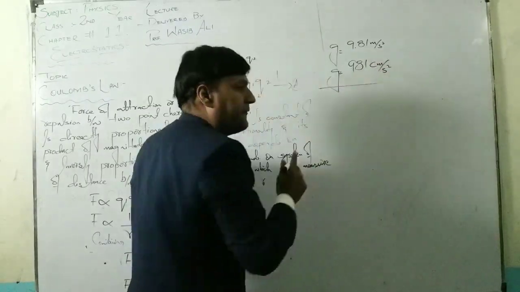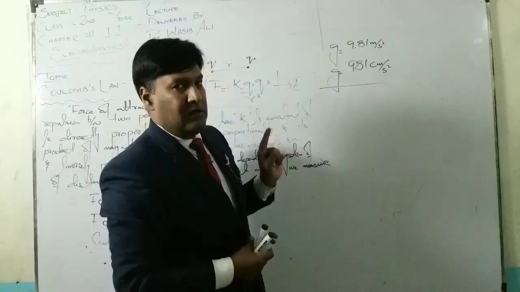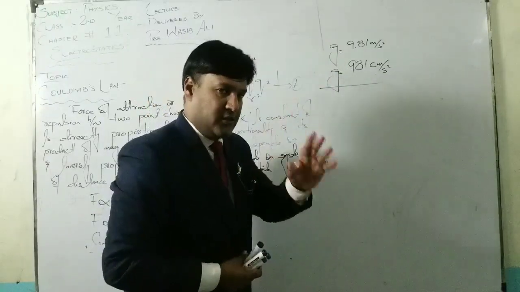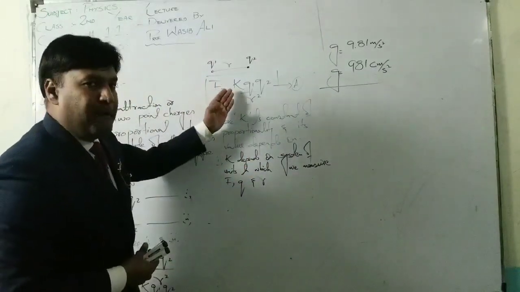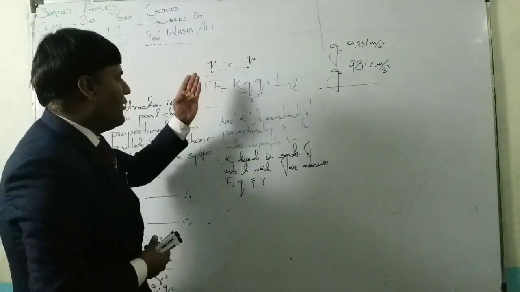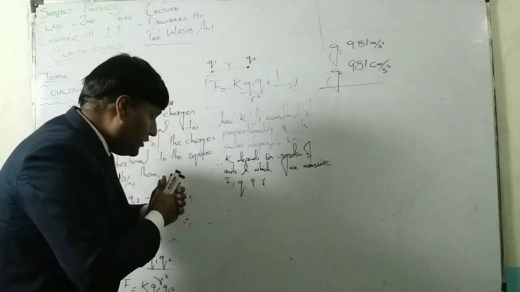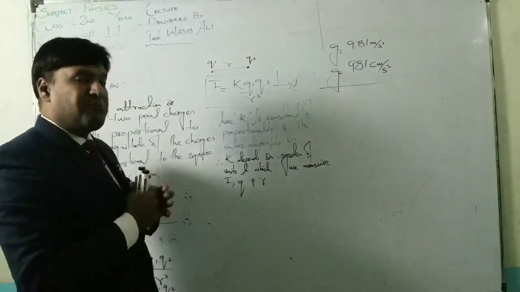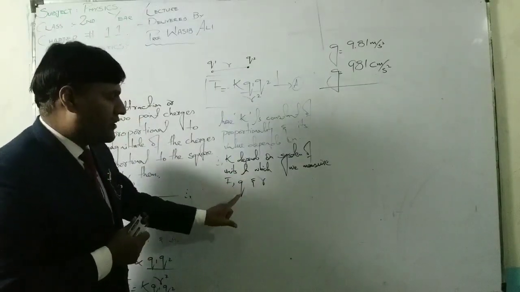This is a huge difference. So you can see that the value of a constant depends on the system of units. Similarly, the value of k depends on the system of units in which force, charge and distance are measured.